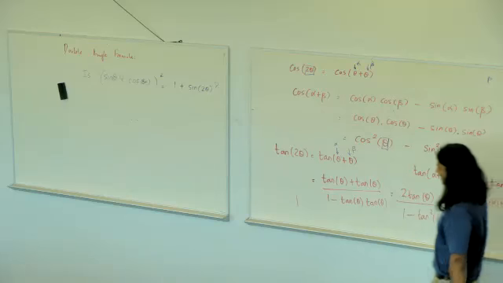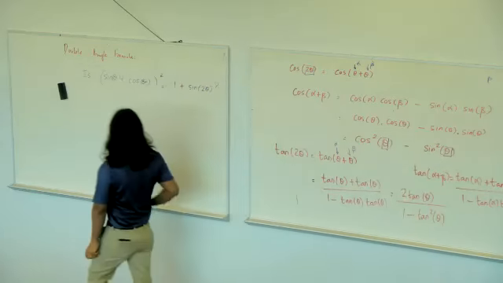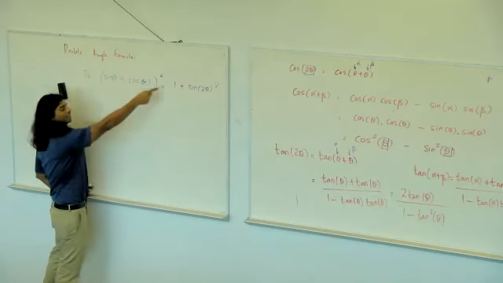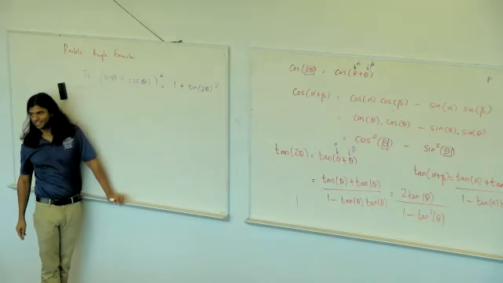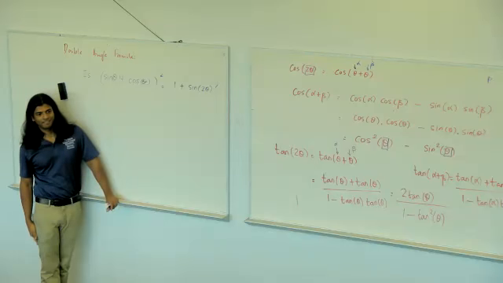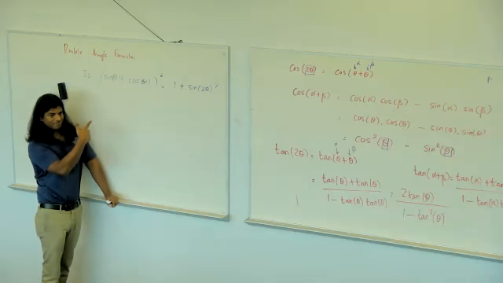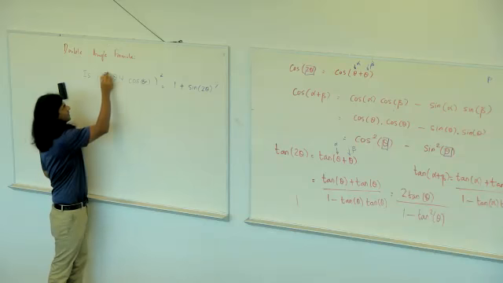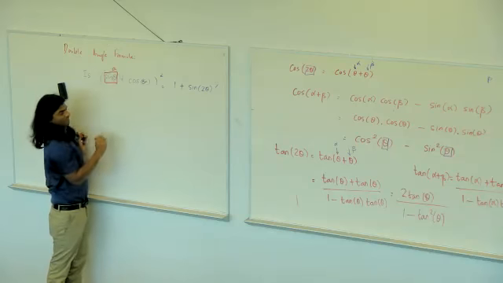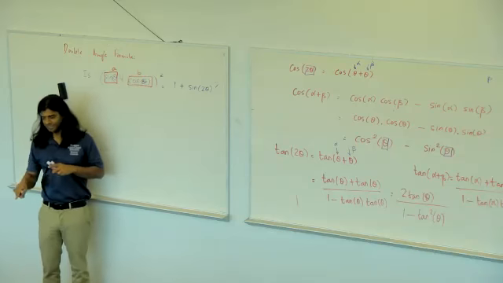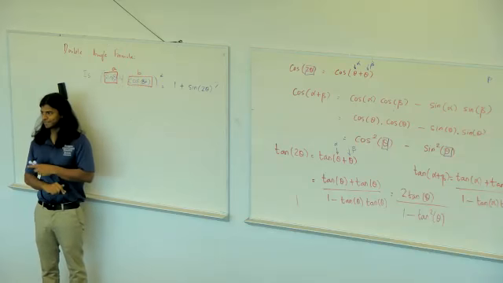Life's not that easy. How about this? If I call sine theta as a and cosine theta as b, what is a plus b squared?